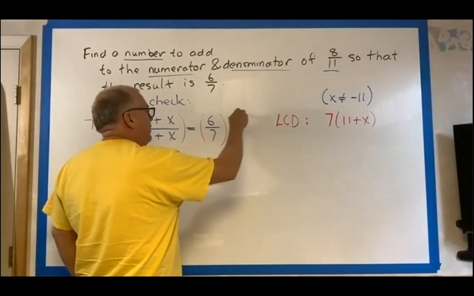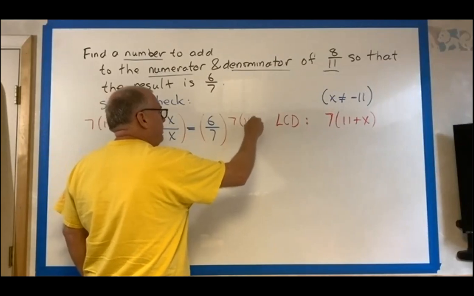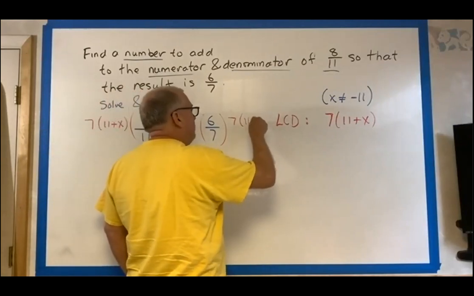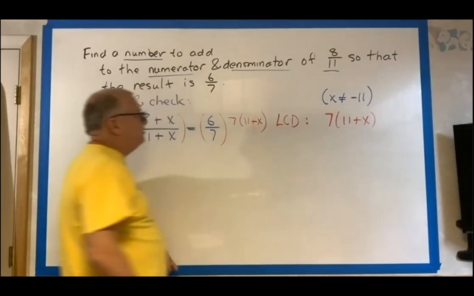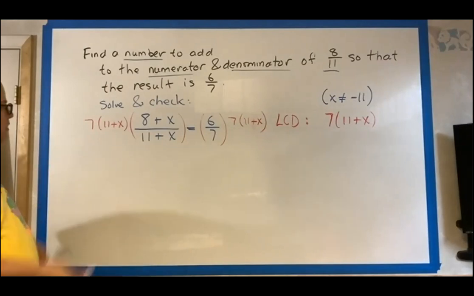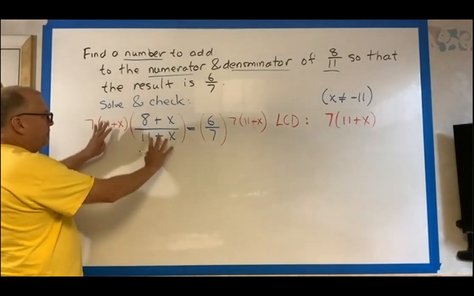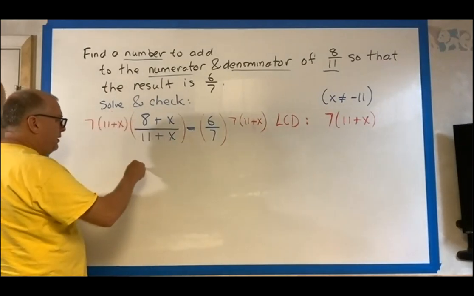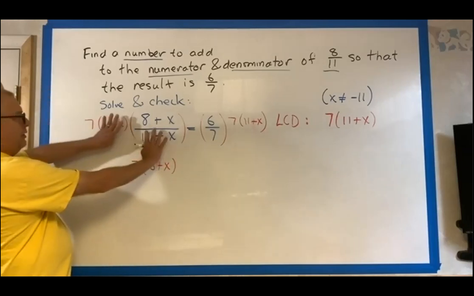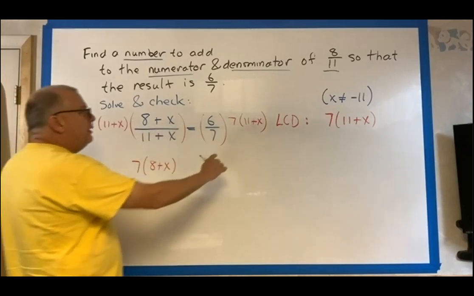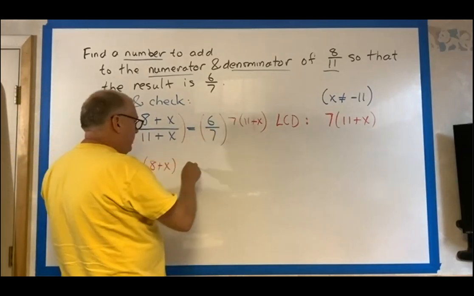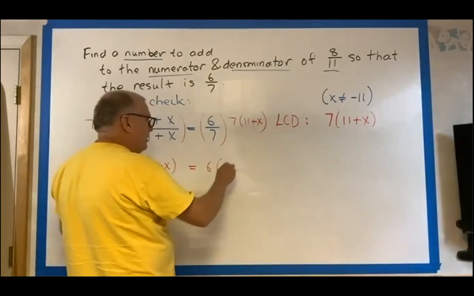I would write another line usually on a piece of paper. So I'm being a little bit casual here, right? But I'll just write it on top of this problem. Here, I get to cancel the 11 plus x's, and I'll just have 7 times 8 plus x. That's all that's left after I cancel. Here, I cancel the 7, and I have left 6 times 11 plus x.